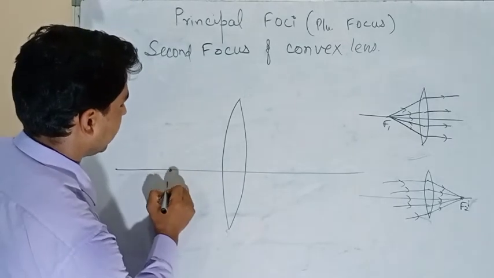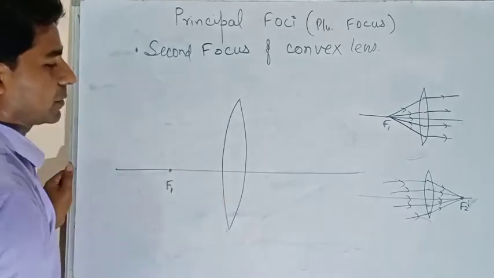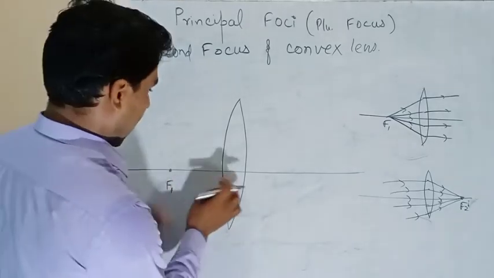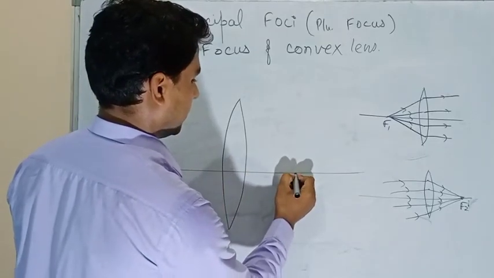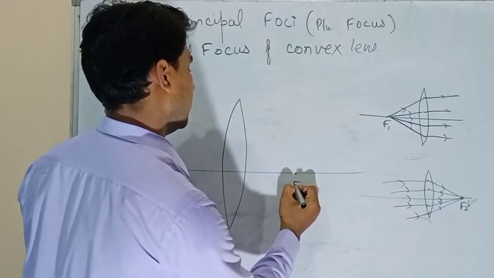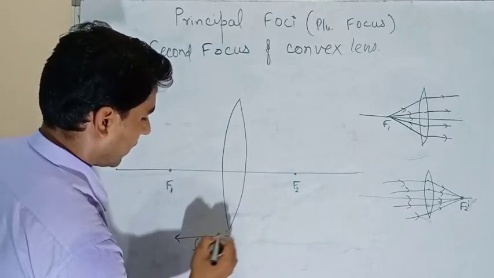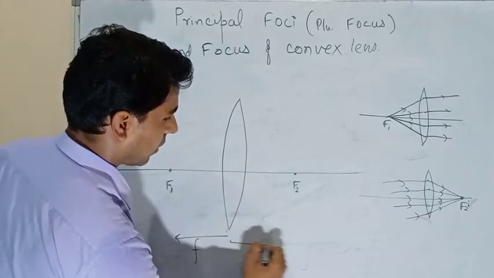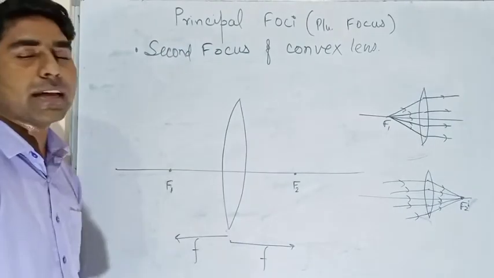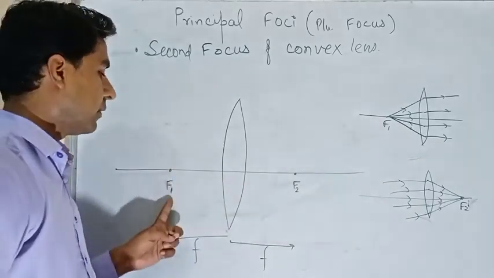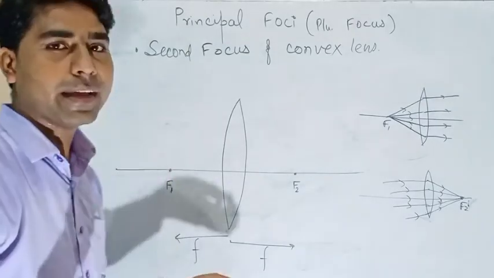The left side of the lens is the first focus, and at the same distance, F2 will be here, and the focal length f from this side or from this side will be the same. Only the position of the first focus and the second focus is different. So we will talk about this further later when we draw the ray diagrams.